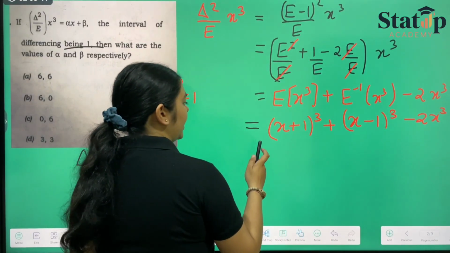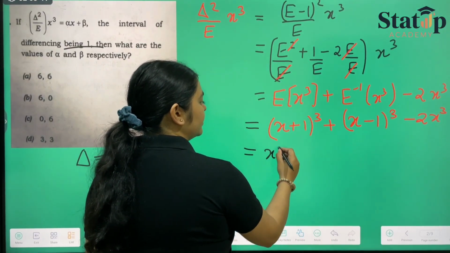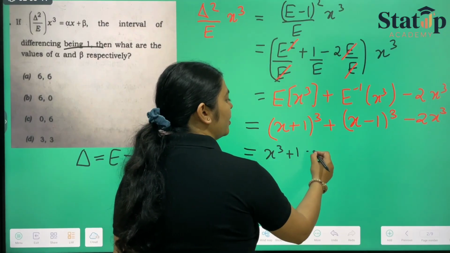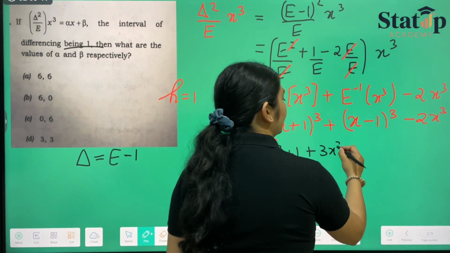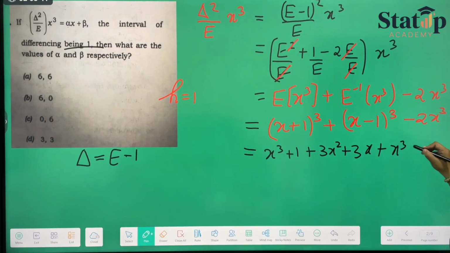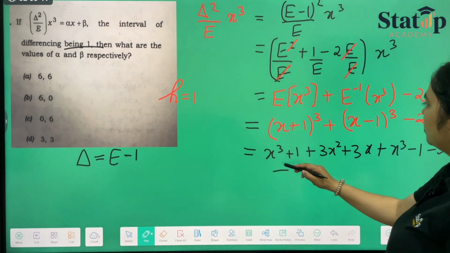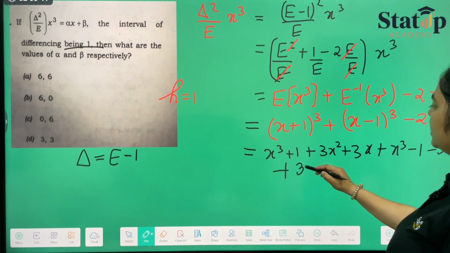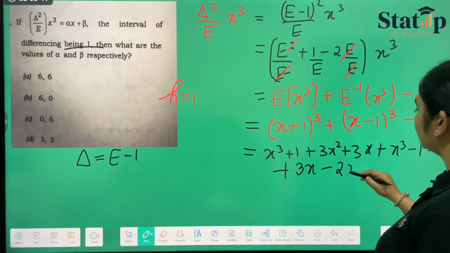On solving it, we can see that it will be x cube plus 1 plus 3x square plus 3x, plus x cube minus 1 minus 3x square plus 3x, minus 2x cube.